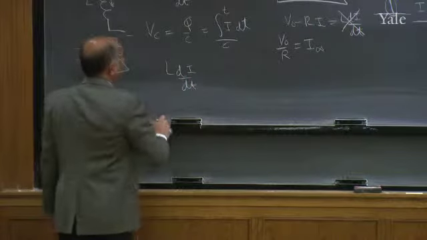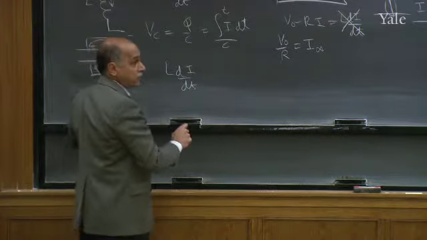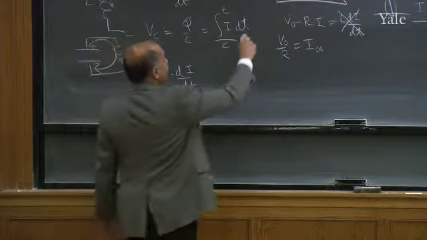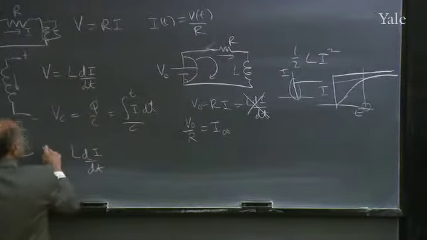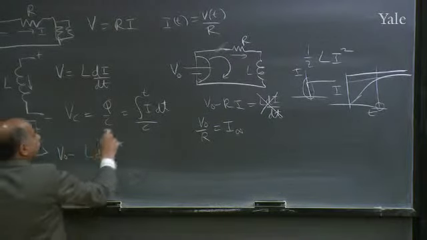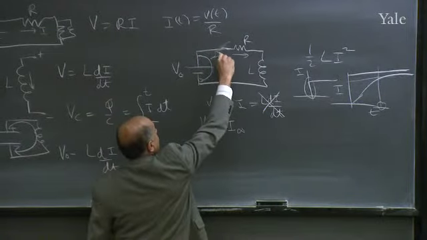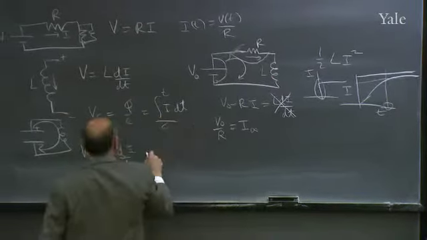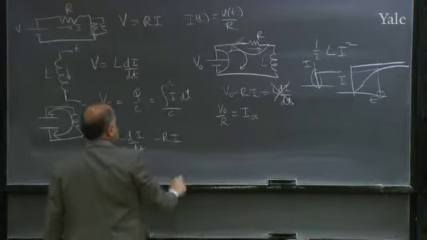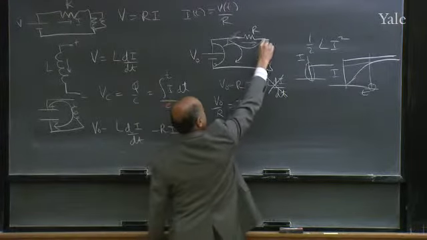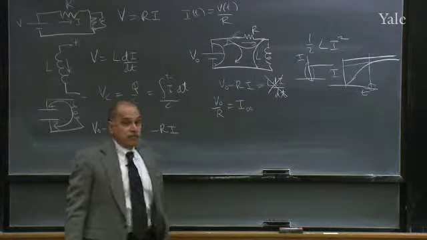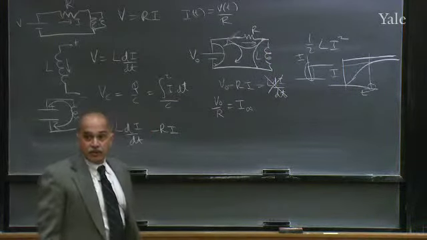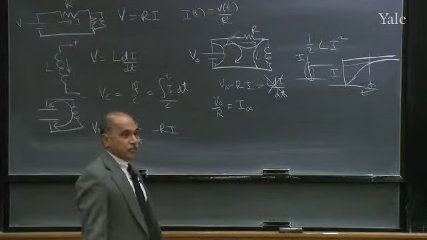So let me show you one more time how this equation is written. You should know how to write it. Start anywhere you like. Go around the battery, you gain voltage V naught. Then go around the resistor, you drop by an amount Ri. And here you jump from this end to this end of the inductor. Remember, you never go into the inductor. That's a bad zone, where the potential is not even defined.